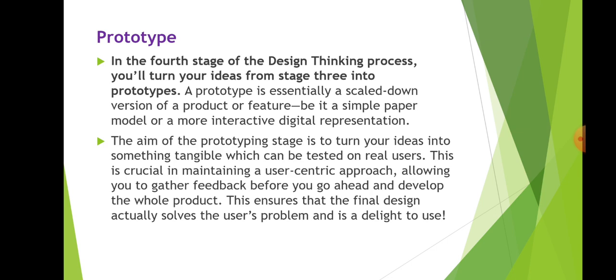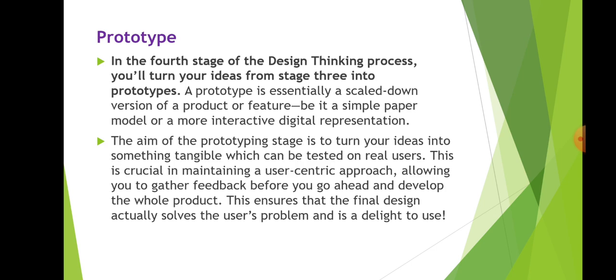The next step is prototyping. In the fourth stage of the design thinking process, you'll turn your ideas from stage 3 into prototypes. A prototype is essentially a scaled down version of a product or feature, be it a simple paper model or a more interactive digital representation.